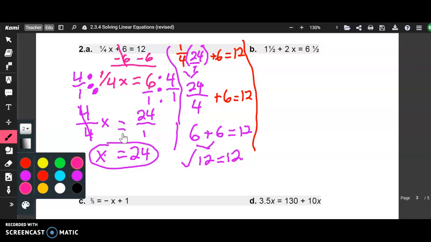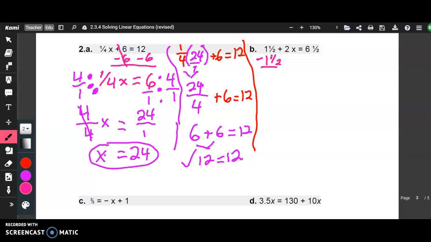So if I want to make a positive 1 1/2 0, I'm going to subtract 1 1/2. I'm going to do that same thing over here. Subtract 1 1/2. What do I get then if I subtract 6 1/2 minus 1 1/2? I get 2x equals 5.